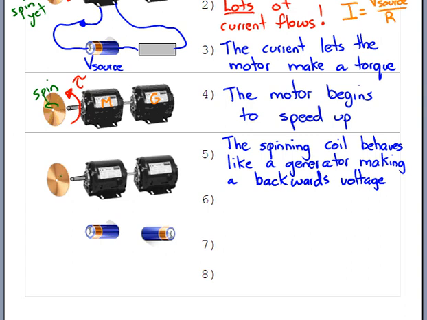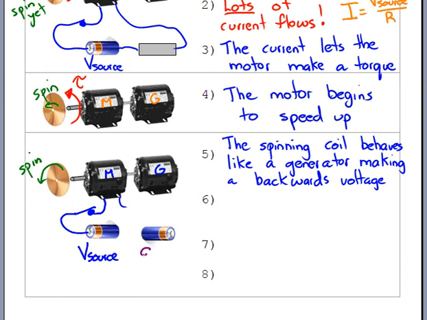By the time you get your blade up to speed, this thing is spinning really fast. We've got our source voltage, and it's connected up with an on switch, a closed switch to our motor. But now the generator, the spinning coil, is going to create this back EMF.